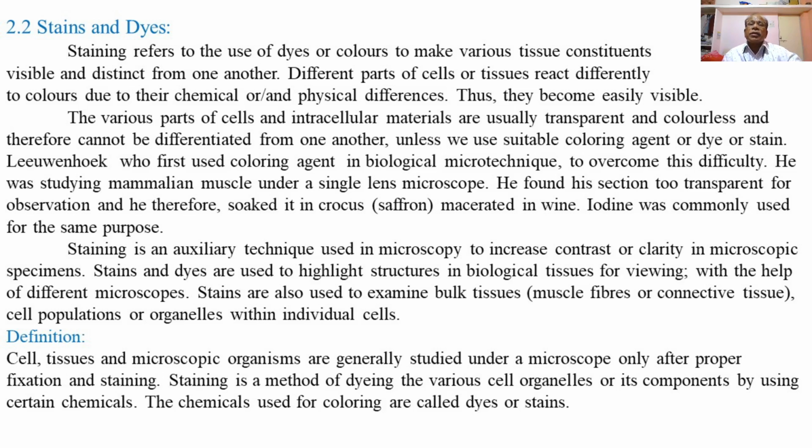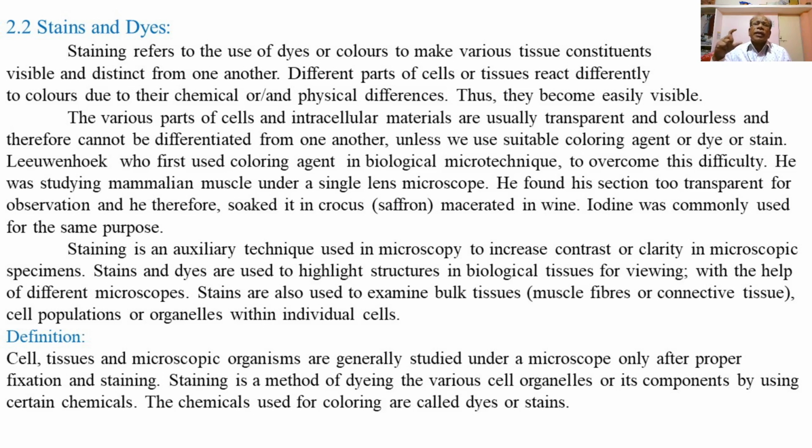So friends, stains or dyes are coloring agents or chemicals which give a particular color to the cellular or tissue components of the biological materials or slides which are to be studied by the biologist.